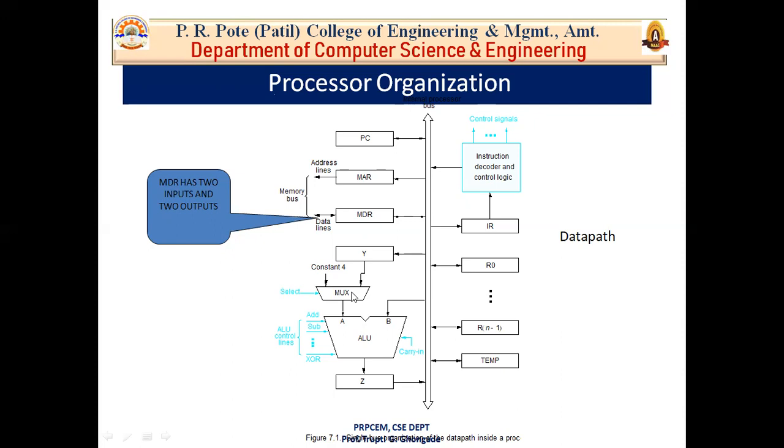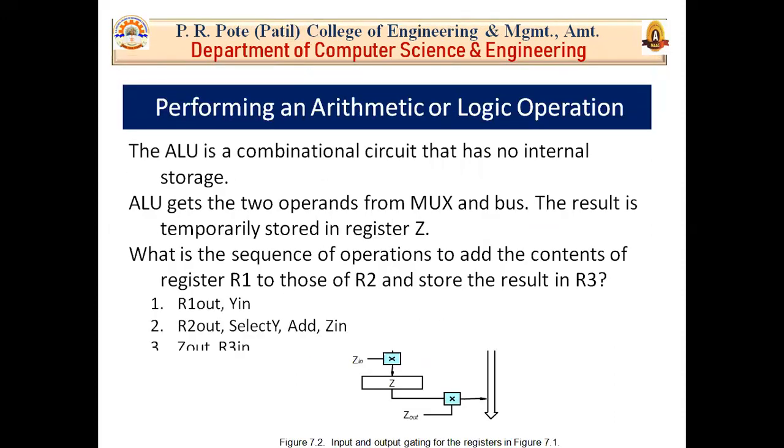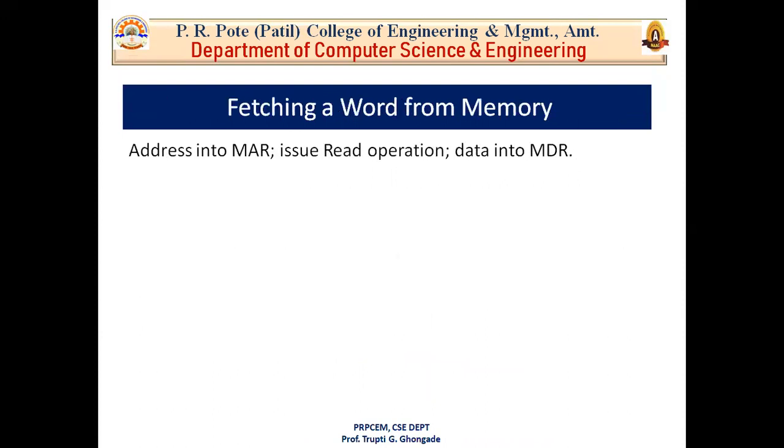The output of the multiplexer is given as one input of the arithmetic and logical unit, and the other input to the ALU is from the processor bus. The result is stored in temporary register Z, which will be loaded onto the processor internal bus. Okay, so this is the internal organization of the processor that we have already discussed in the previous lecture. Now let's see how to fetch a word from memory.